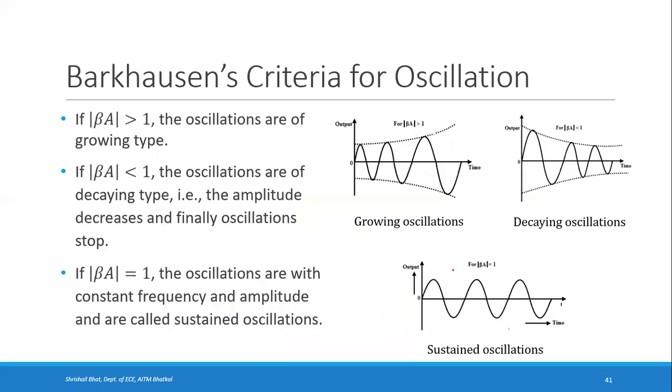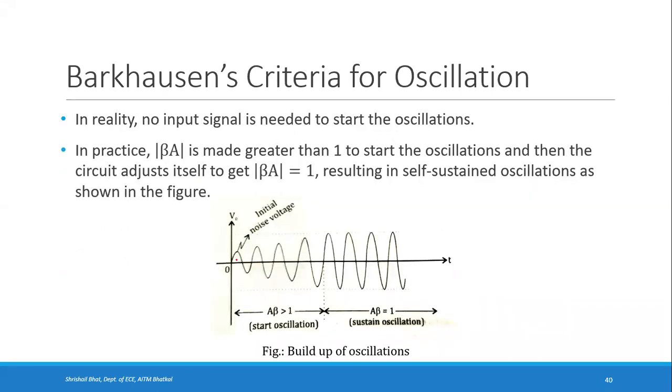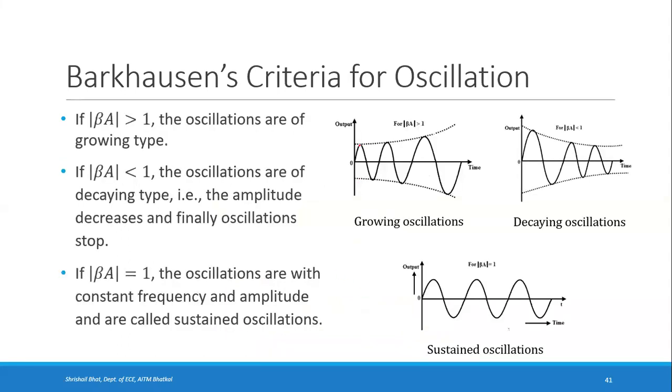As we said, when beta A is greater than 1, there will be an increase in the amplitude; we call them growing oscillations. When beta A is less than 1, the amplitude will decrease. They are called decaying oscillations, or damping oscillations, wherein the amplitude keeps reducing.